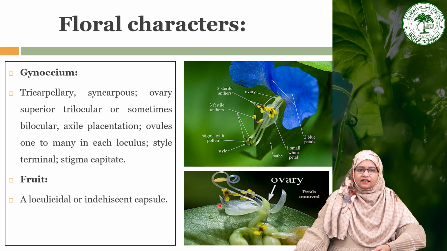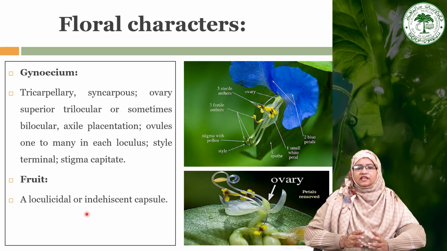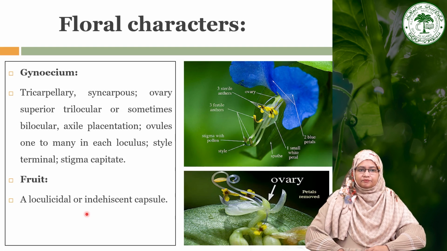You can clearly see here these are the fertile stamens. You can see all the gynoecium clearly visualized in this particular figure, and the fruit is a capsule, which may be loculicidal or indehiscent. So, they may dehisce along their lines or they may be indehiscent.